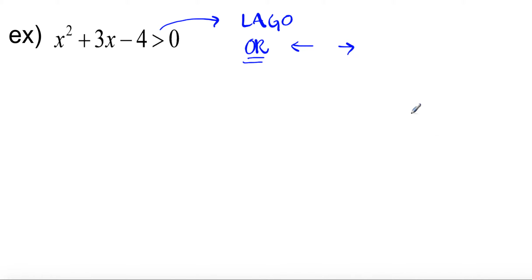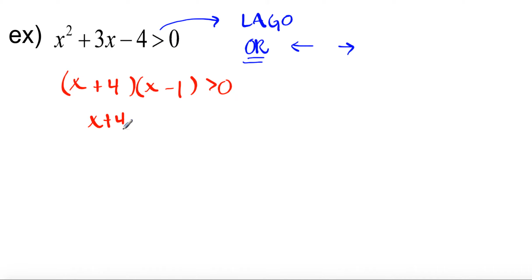You do want to factor this, and so x squared plus 3x minus 4 factors as x plus 4 times x minus 1. 4 times negative 1 is negative 4, and 4 plus negative 1 is 3, our middle term.